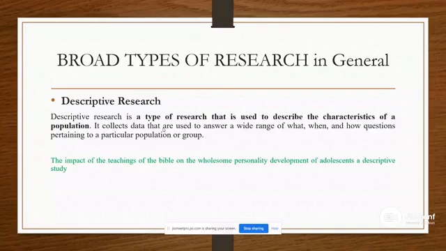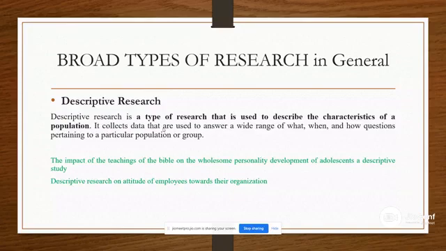If you read this title, it is a descriptive study in which the researcher has tried to explain what the impact is on the personality of adolescents of the teaching of the Bible in that context.